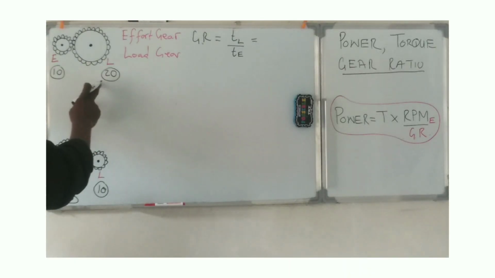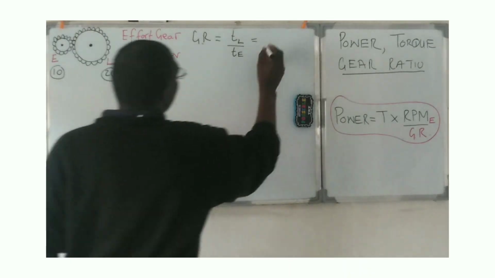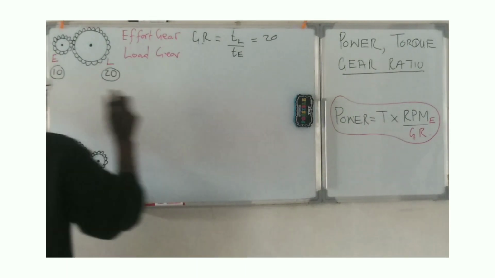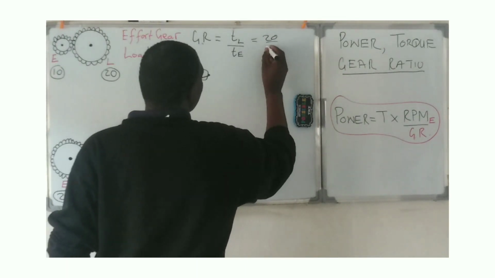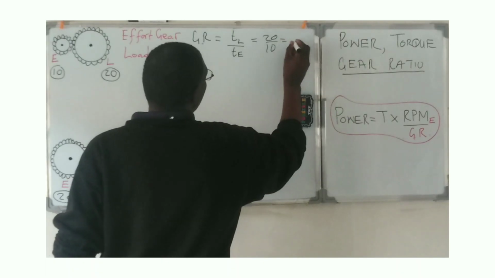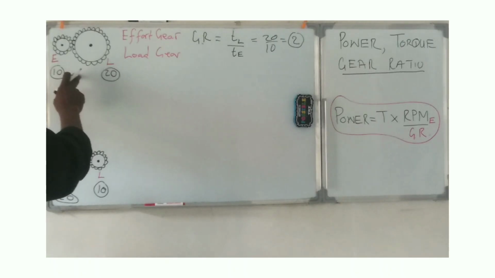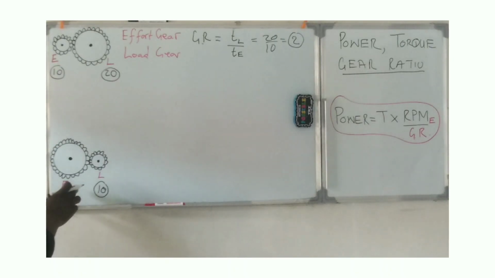So what do we have? In the load gear, the number of teeth is 20. In the effort gear, the number of teeth is 10. So it's 20 divided by 10, which is equal to 2. So therefore, here on top, our gear ratio is 2. What about at the bottom here?